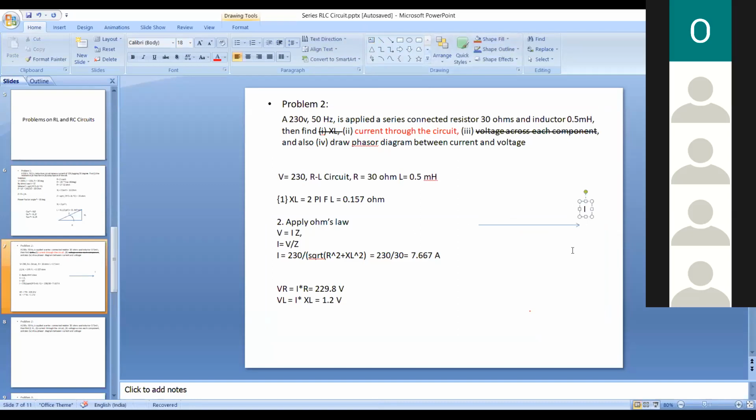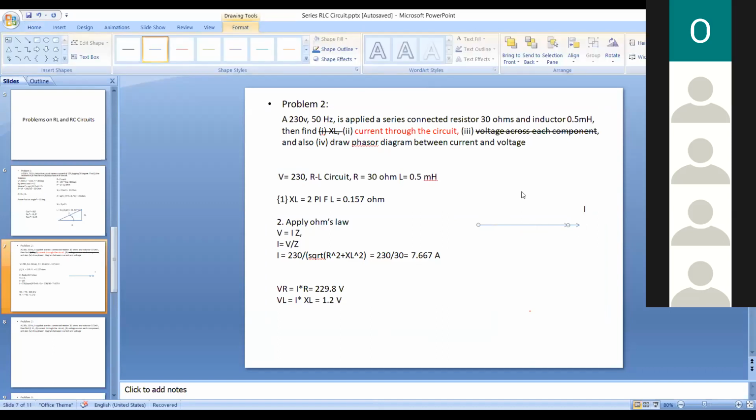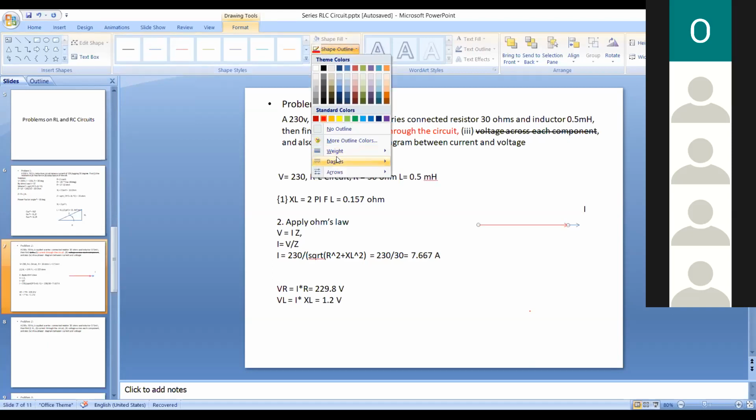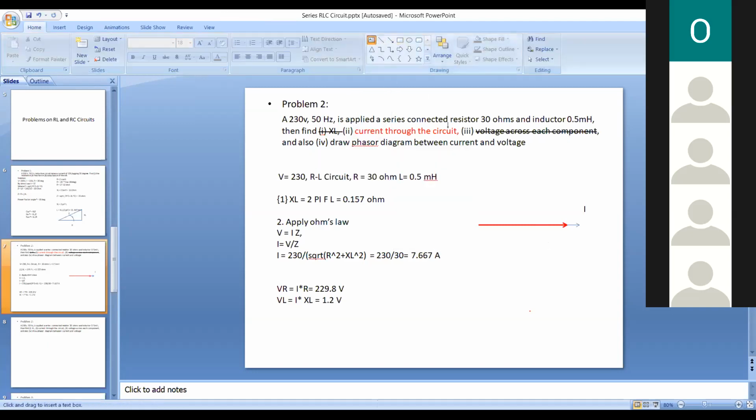And then let me project the two voltages, the resistive voltage 229.9. Somewhere here I'll project the resistive voltage. Let me give a different color, say red color, with a different weight. So the red line indicates VR. And then you need to project VL.